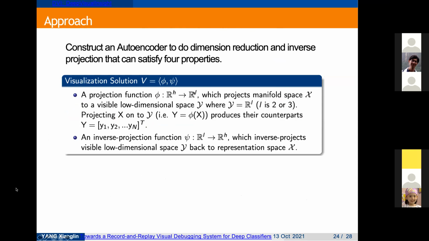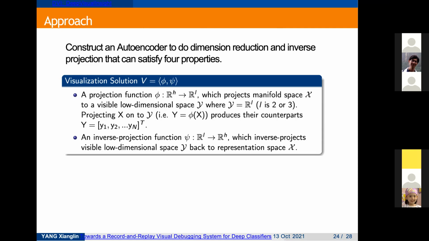Our approach here, the high level idea, is to construct an autoencoder to do the dimensional reduction and inverse projection that can satisfy the 4 properties we mentioned before. And then the visualization solution should contain 2 parts.